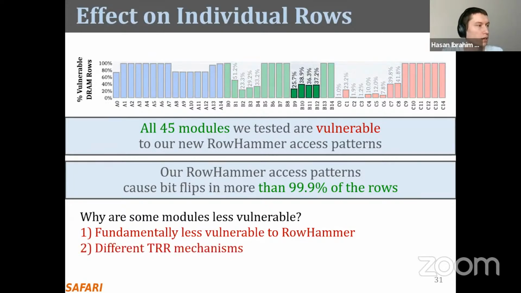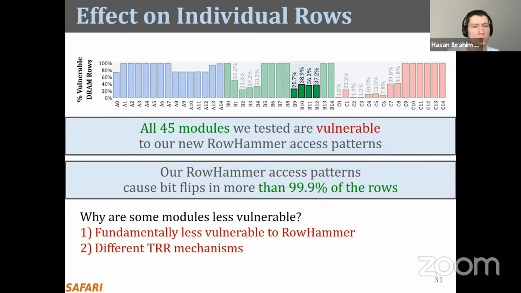The second reason is that they use slightly different TRR mechanisms. We found that some observations do not hold for these modules, and these are the modules from B9 to B12. They use similar mechanisms, but we suspect that there are slight differences in the configuration of the TRR mechanisms, so our access patterns do not work as well as in the other modules.